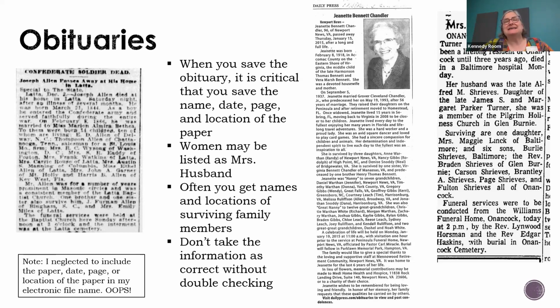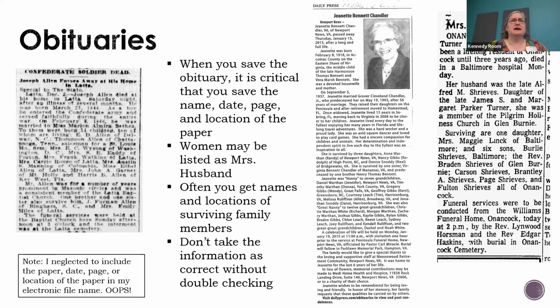So it is very helpful for any of these documents that you find that you save the name of the source, the date it was published, if that's important. You know, a death certificate is going to be the date of the death, maybe a certificate number, the page of the newspaper, the location of the newspaper.